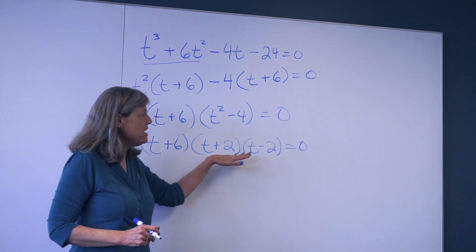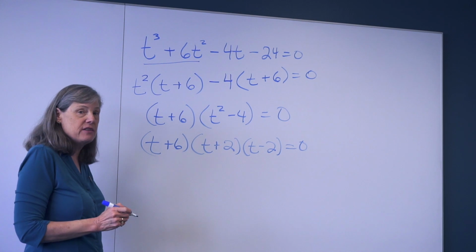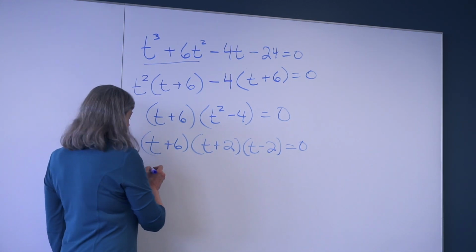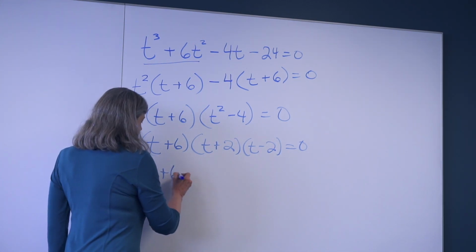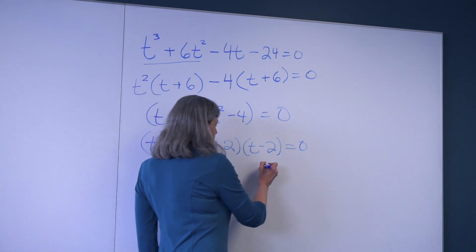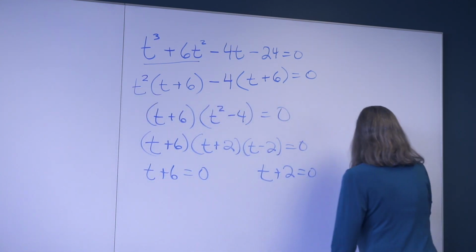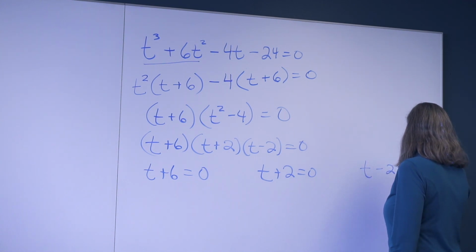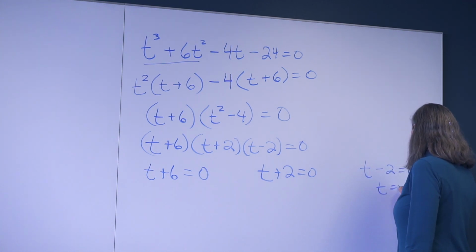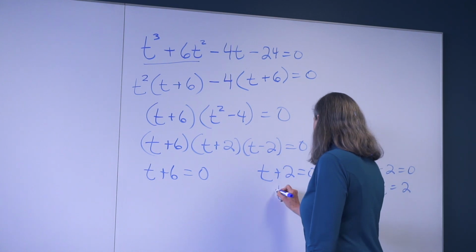I have 3 factors, so I will set each of these equal to 0 separately. t plus 6 equals 0. t plus 2 equals 0. t minus 2 equals 0. And solve each of these.